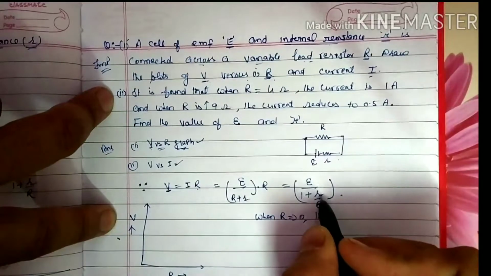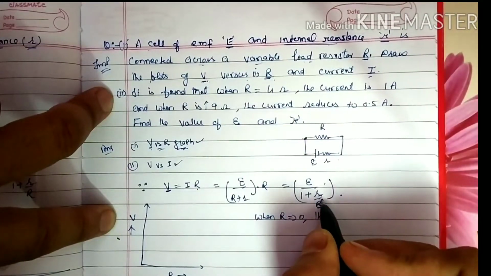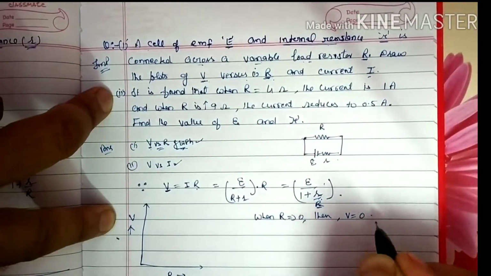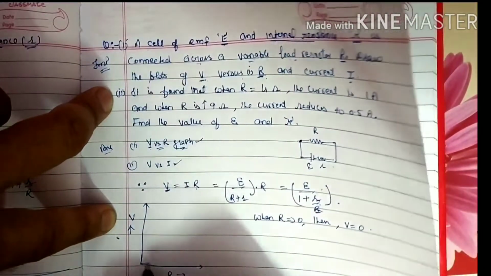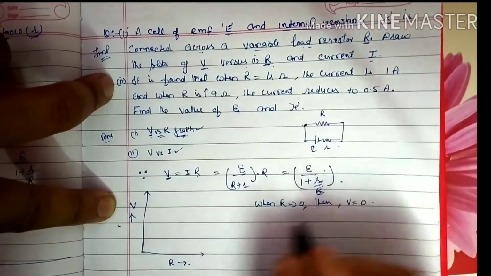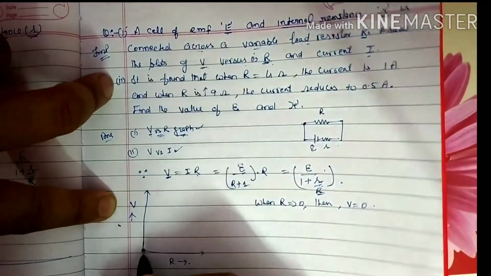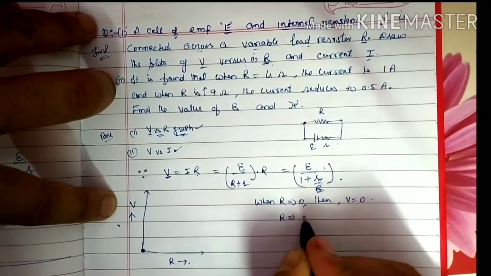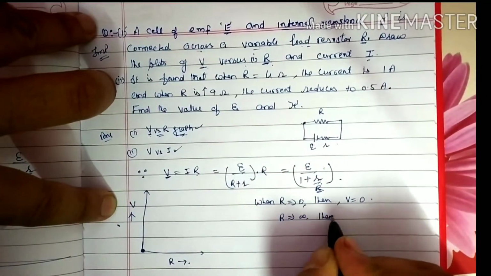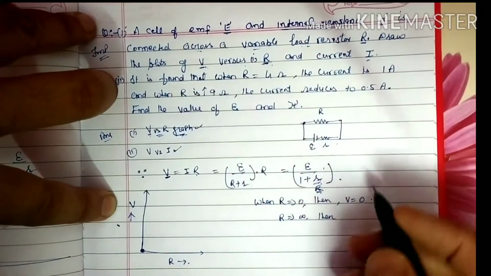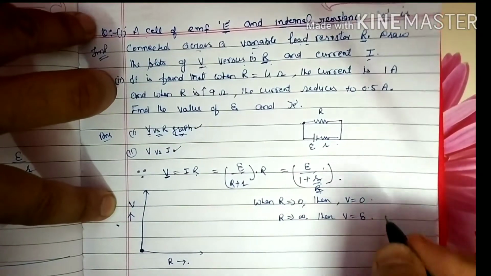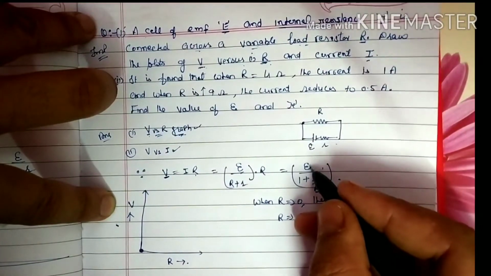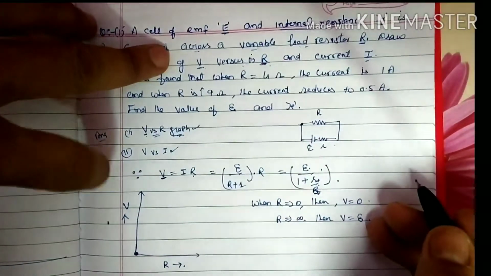When R is equal to 0, V is also equal to 0, so this graph will start from this point. And when R is equal to infinite, putting R infinite, 1 upon infinity is equal to 0, so what remains is E. Then V is equal to E.